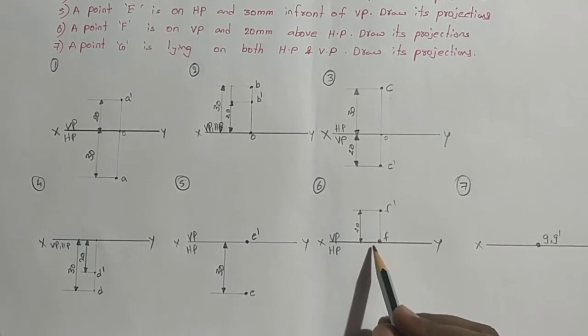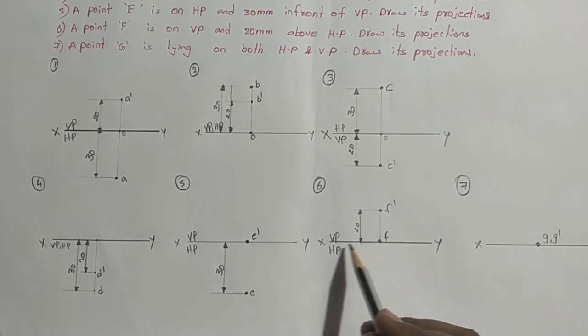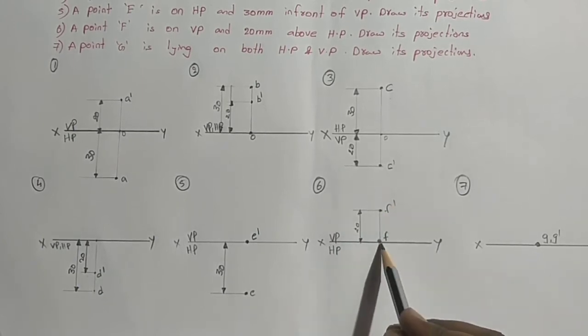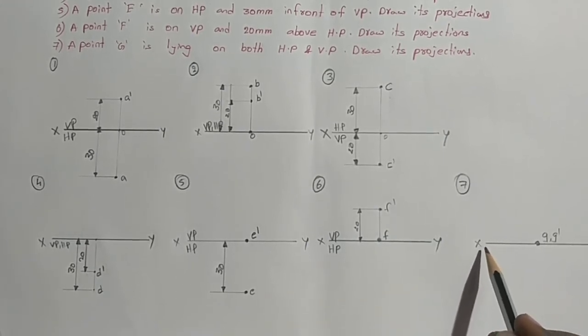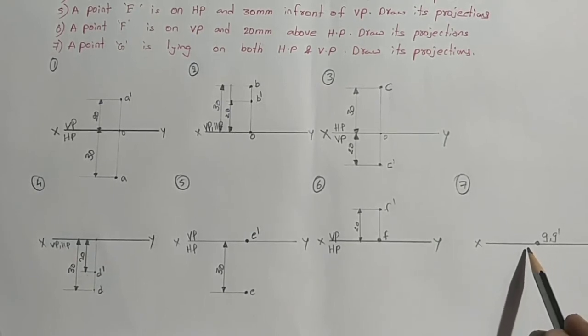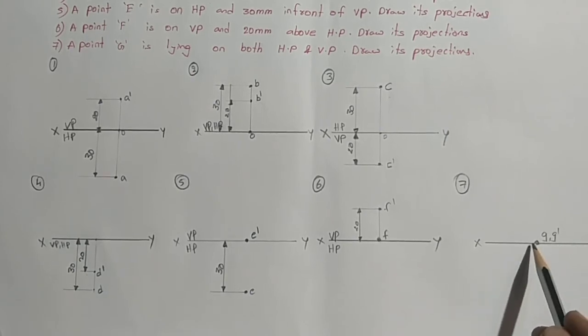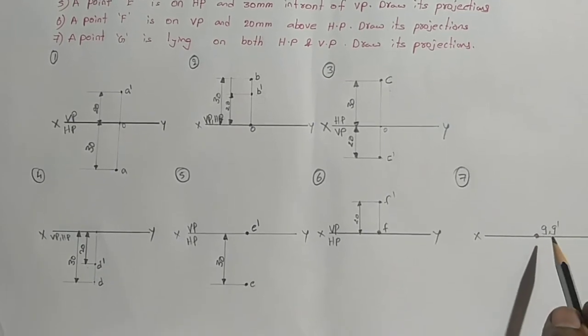Next, the point F is on VP and 20 mm above HP. Above HP means front view, and the top view projection comes on XY. Finally, the point G is lying on both HP and VP. For this condition, the front view and top view both come on XY. It is the front view and top view of point G.